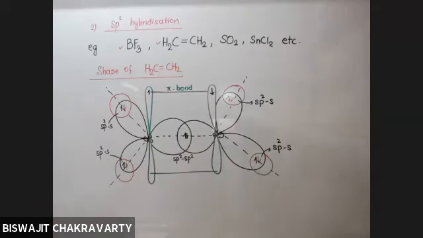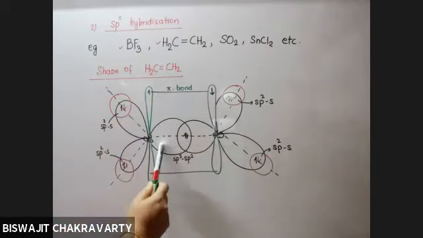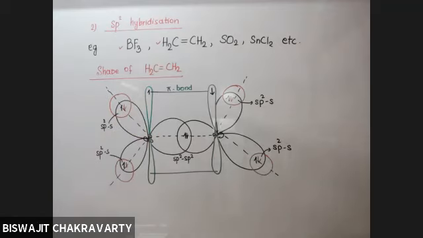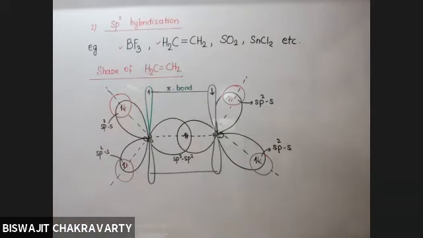Understood? Okay. So hence when I write C double bond C, one of them is sigma. And what is the nature of this sigma? sp2-sp2. And the other is pi, and pi is always formed between two pure p orbitals that are parallel to each other. And as far as the bonding between the carbon and 4 hydrogen atoms is concerned, all of them are sp2-s sigma bonds.